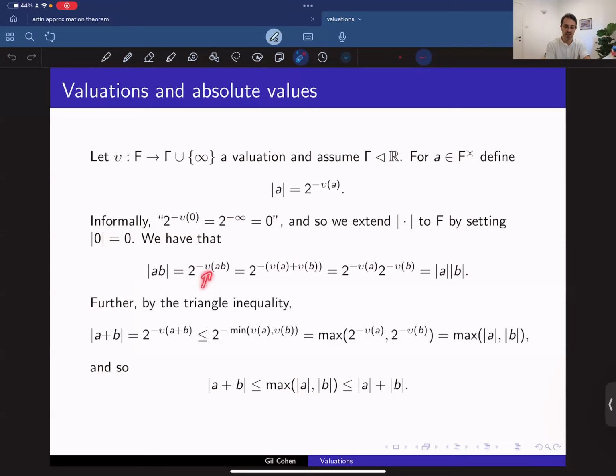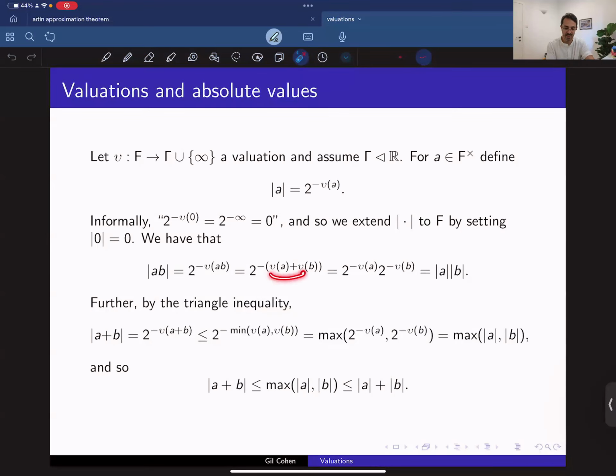And because the valuation is a group homomorphism between the multiplicative group of the field and this group, V of AB is V of A plus V of B. And just because of the way we define the absolute value from the valuation, you can factor this as 2 to the minus the valuation of A times 2 to the minus the valuation of B, which is precisely the absolute value of A times the absolute value of B. So indeed, there is this well-known expected property that you would want from an absolute value, which is multiplicativity.